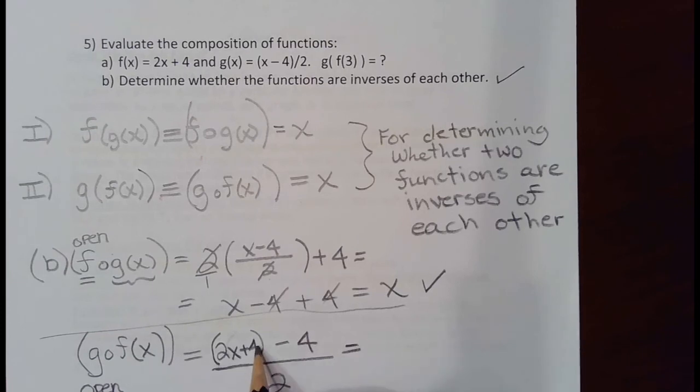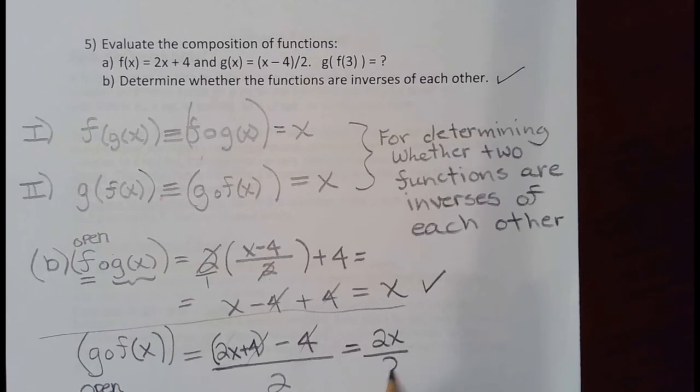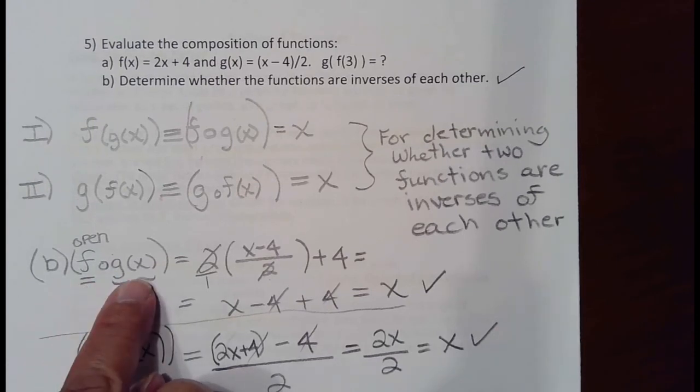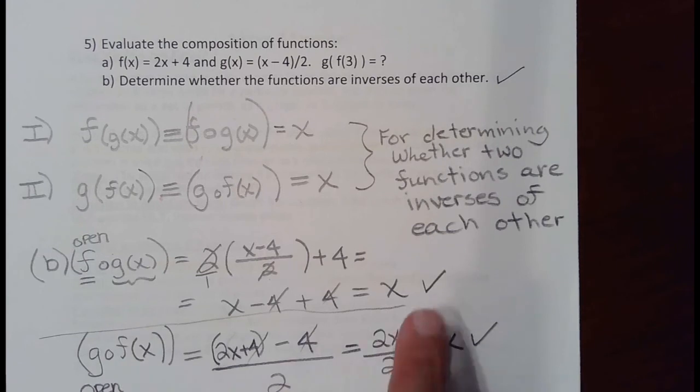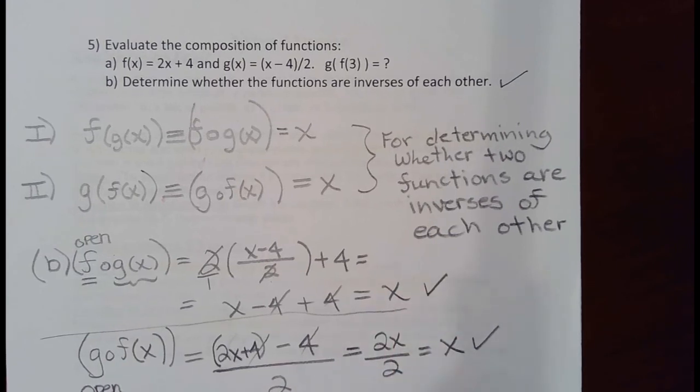In part A, they asked us to do an evaluation. They want you to do g composed of f of 3. And there are two ways to do that. If you've already done g composed of f, which we did, g composed of f was just x. So we already know that's equal to x as an algebraic expression, because we did it right here.